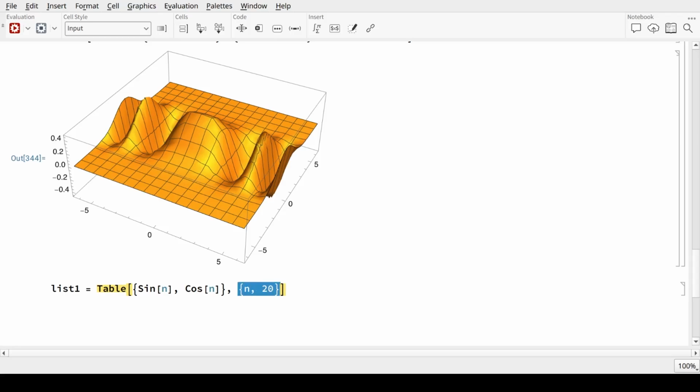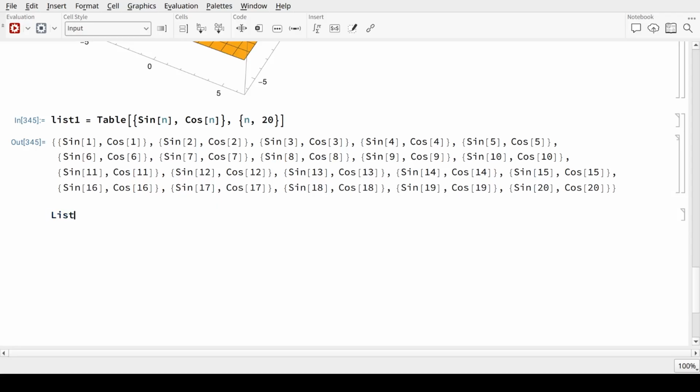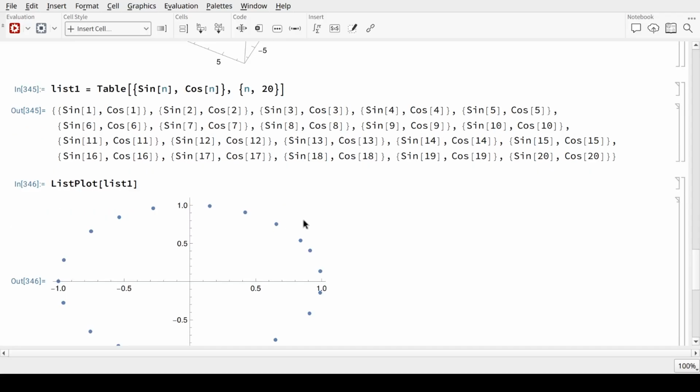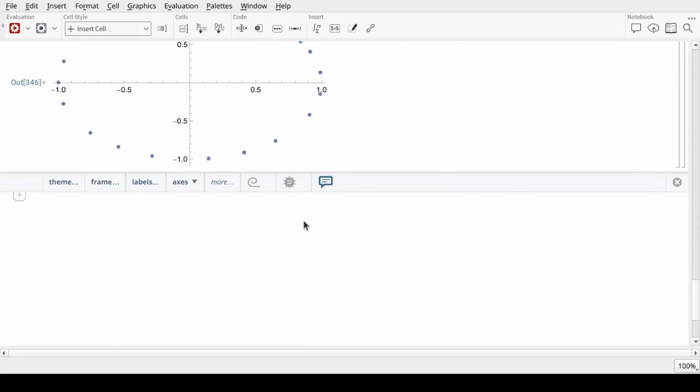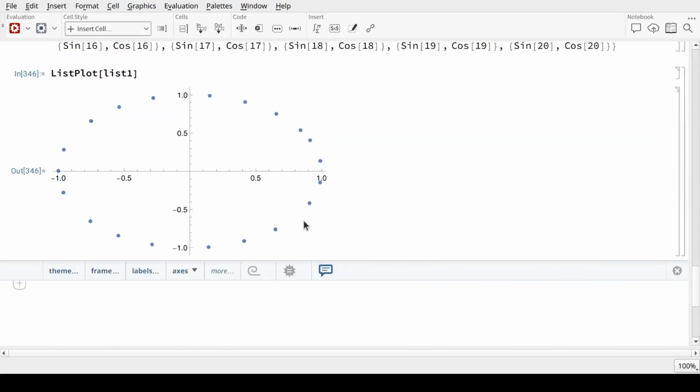This is the sequence we are iterating over, which goes from 1 to 20. And as a result, we get this. We can plot it if we want. So we can use ListPlot, list 1, and we get this. Now, another thing, yeah, I did show the matrix form, and this is it.